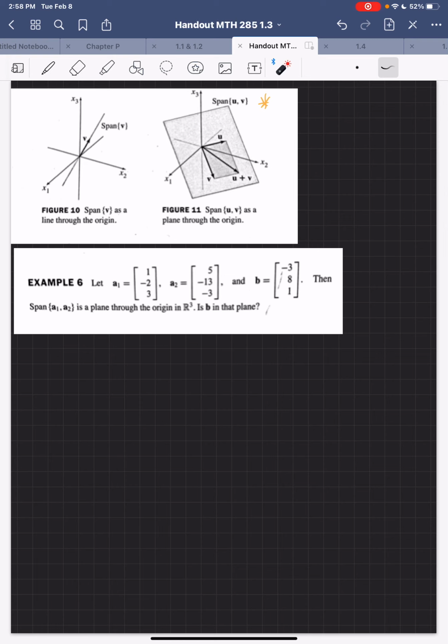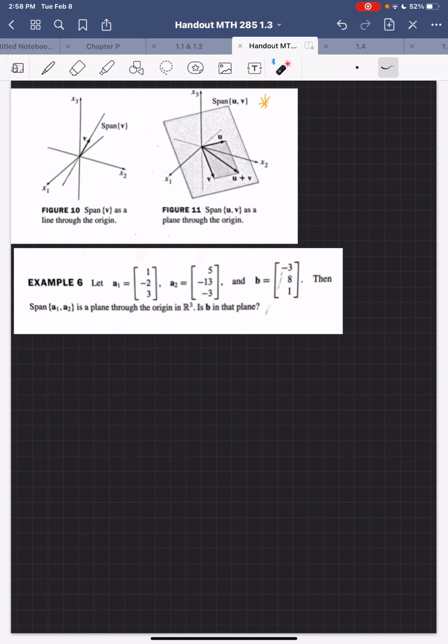So listen, you should work through example 6 on your own. I will go ahead and tell you that this vector b is not in the span of these two vectors.